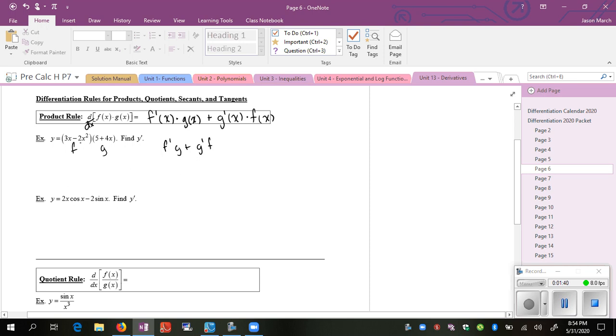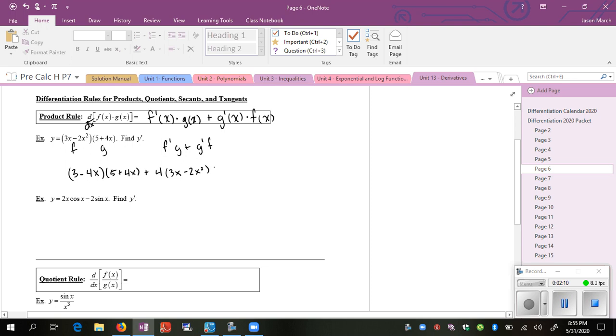F prime would be the derivative of the first parentheses, which would be 3 minus 4x, times g, which is just the second parentheses, no derivative taken, plus g prime, which is now the derivative of the second parentheses, which is 0 plus 4, so just 4, and then times f, which is the first parentheses, 3x minus 2x squared.